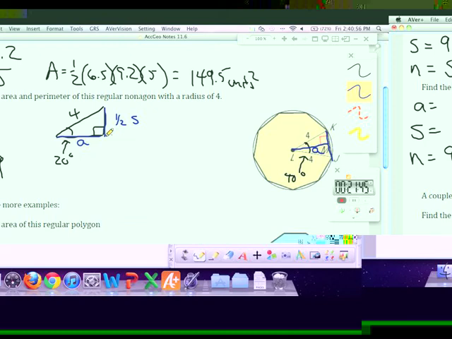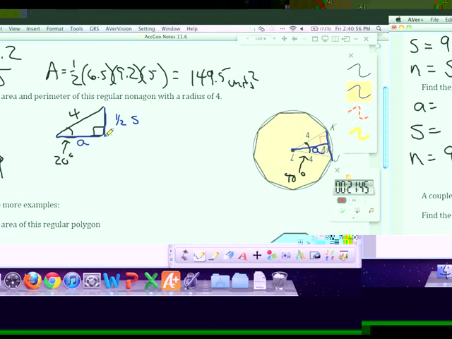So, we'll start with the apothem. I think this is the easier one. I know I have a leg. If I knew the ratio of the leg to the hypotenuse, that's adjacent to this 20-degree angle, what trig function should I use? Adjacent and hypotenuse.